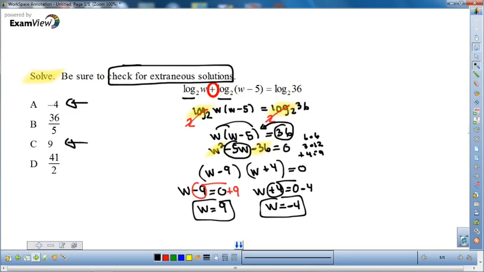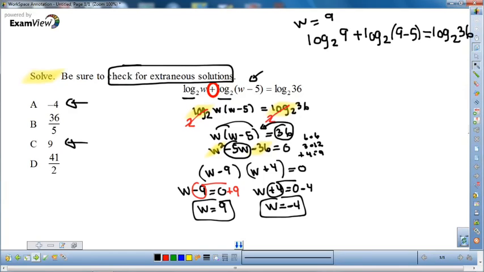So let me check w equals 9. I'm going to substitute that into my original equation. So log base 2 of 9 plus log base 2 of 9 minus 5, and I want that to be log base 2 of 36.